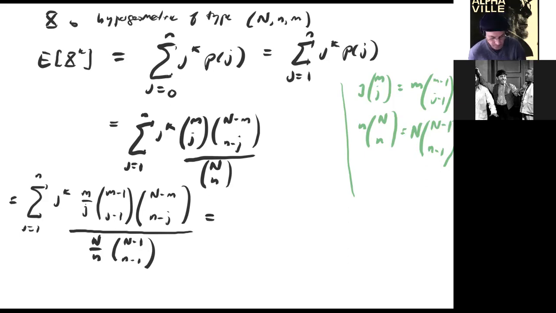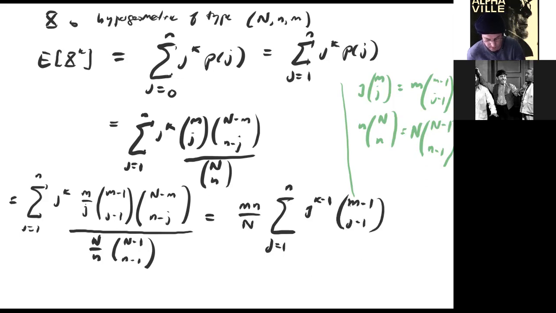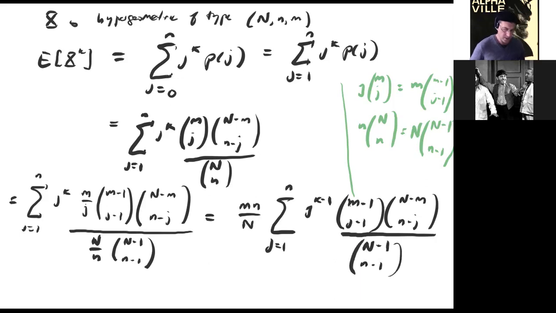So this becomes m times n over N, the sum, j goes from 1 to n of j to the power of k minus 1, and then you have m minus 1 choose j minus 1 times N minus m choose n minus j over N minus 1 choose lowercase n minus 1. Okay, so that's where we are so far.